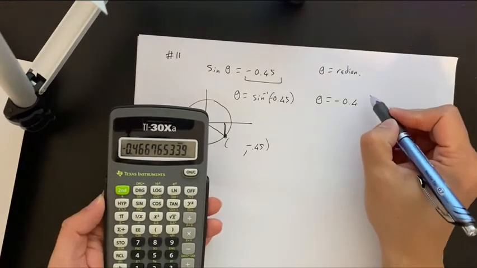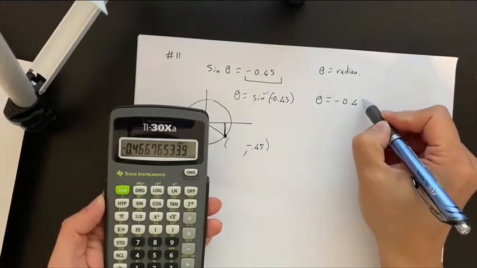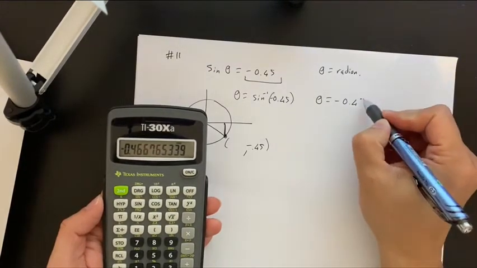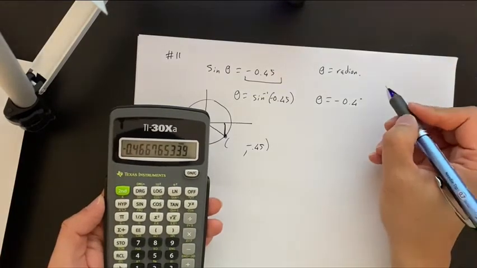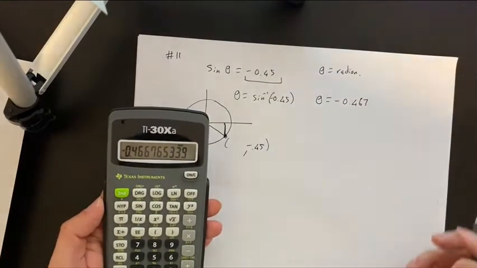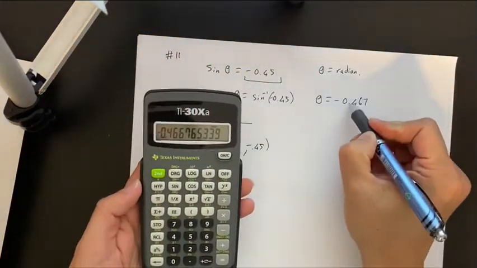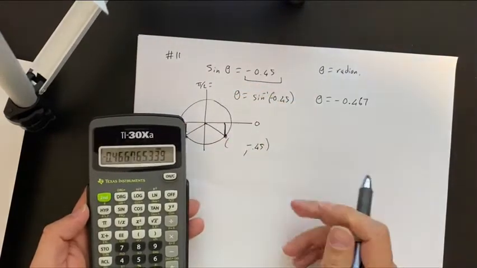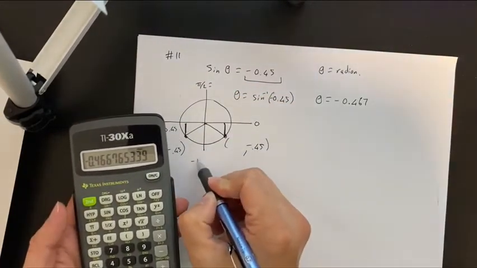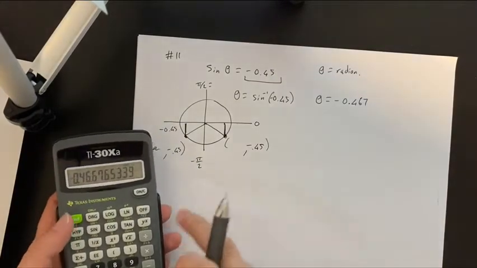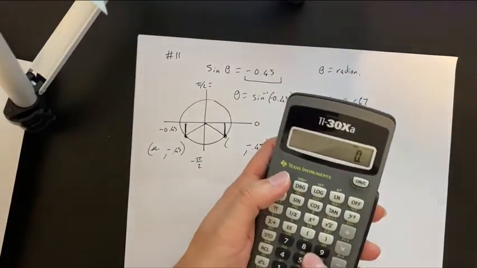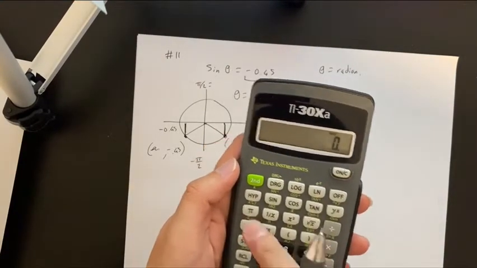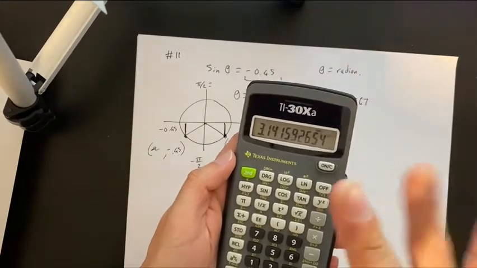Now remember, I'm just going to round it off to 2 decimal places, maybe 3, so negative 0.467, okay? Remember, we're in radian, so that's a 0, that's a pi half, and what is pi half? And if you go down here, that's a negative pi half. Remember pi is around 3.14.